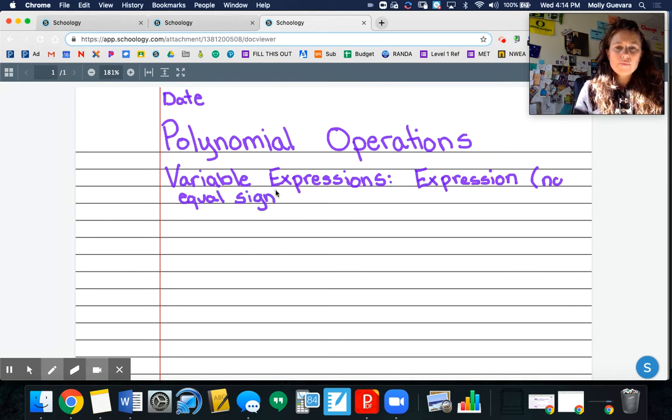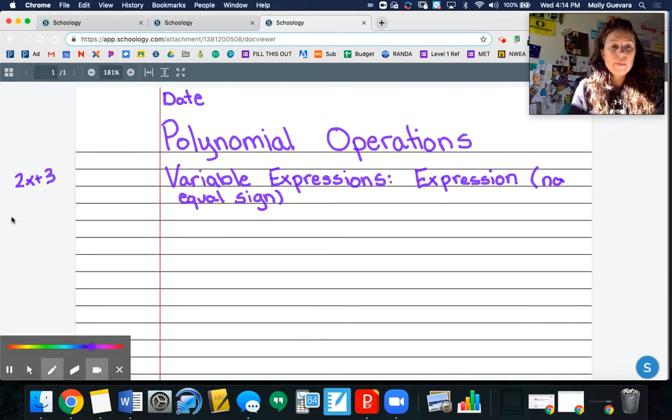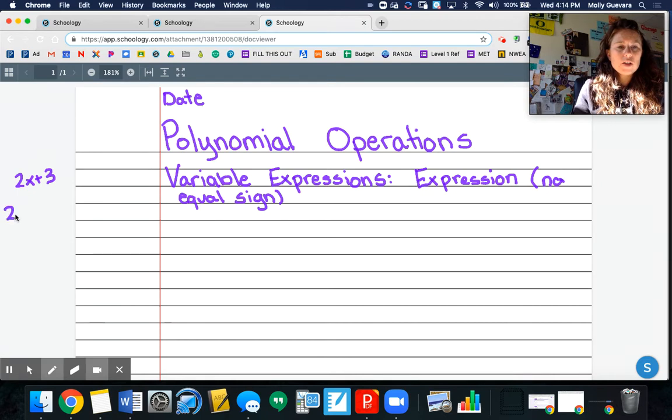Just as an example, I'll do this off to the side, 2x plus 3 is an expression because there's no equal sign, versus 2x plus 3 equals 7, which is not an expression because it has that equal sign in it.